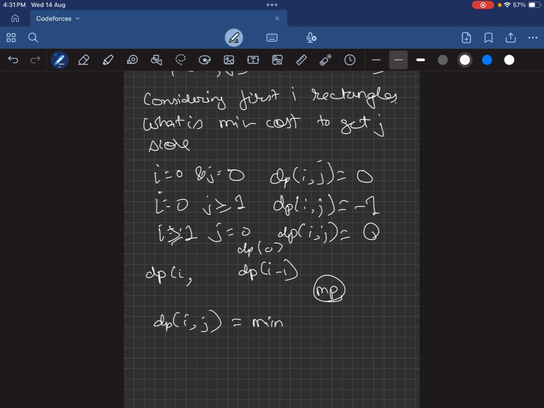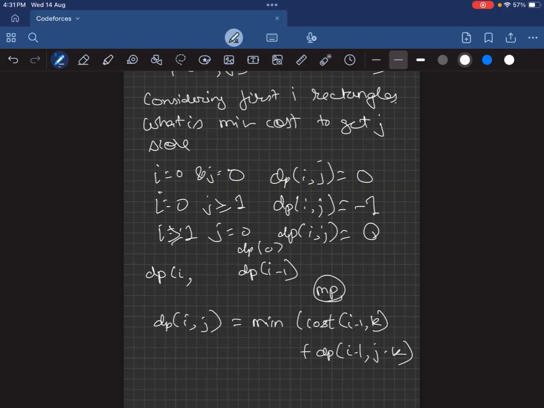So what is dp of i comma j? It is essentially the minimum over all of the cost of the ith rectangle, or if we are one indexing this, cost of i minus 1, basically the cost of this rectangle, and some k plus dp of i minus 1 comma j minus k.